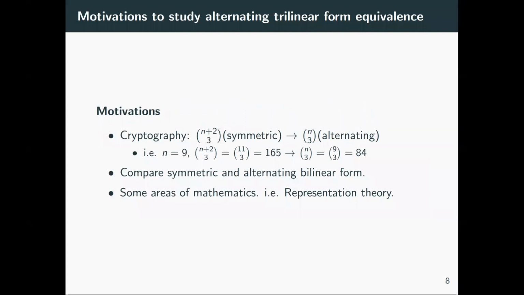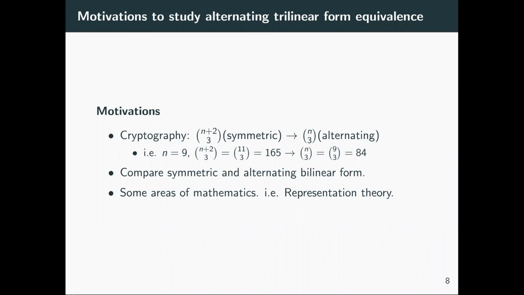We also have some motivations to study alternating trilinear form equivalence. The first motivation comes from cryptography. If we want to store a symmetric trilinear form on F_q^n, we need n plus 2 choose 3 field elements.